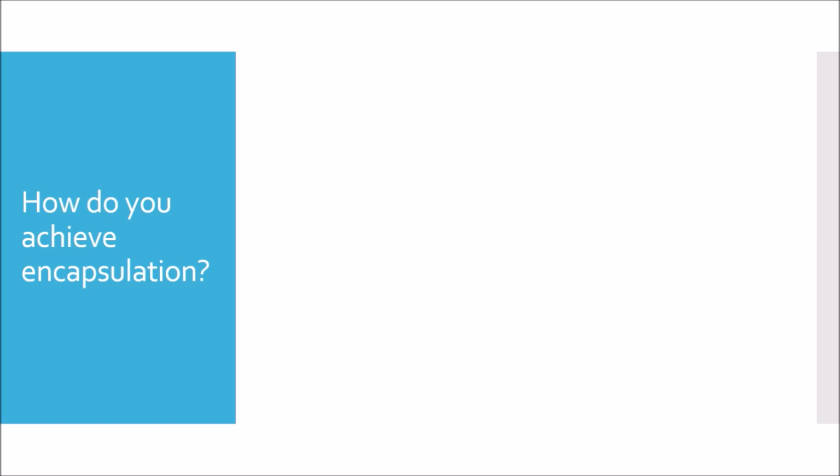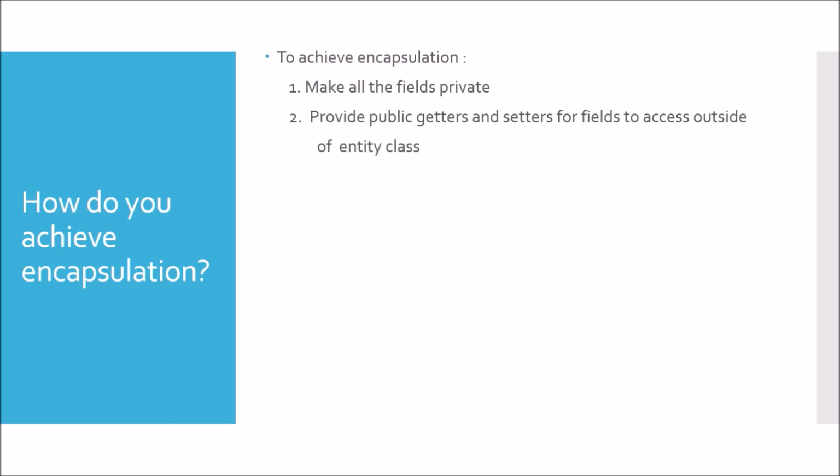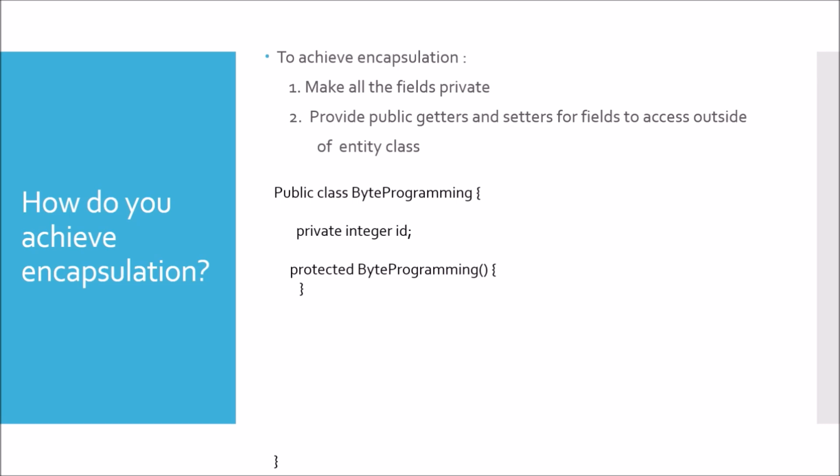How do you achieve encapsulation? To achieve encapsulation in Java, we make all the fields private in the entity class and provide public getters and setters to access the fields outside the entity class. For example, we have a class called ByteProgramming, and we could have a constructor here and define a field id.